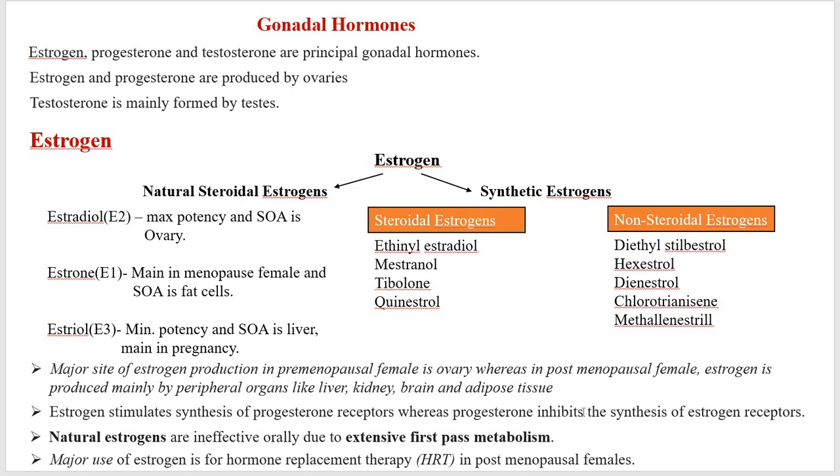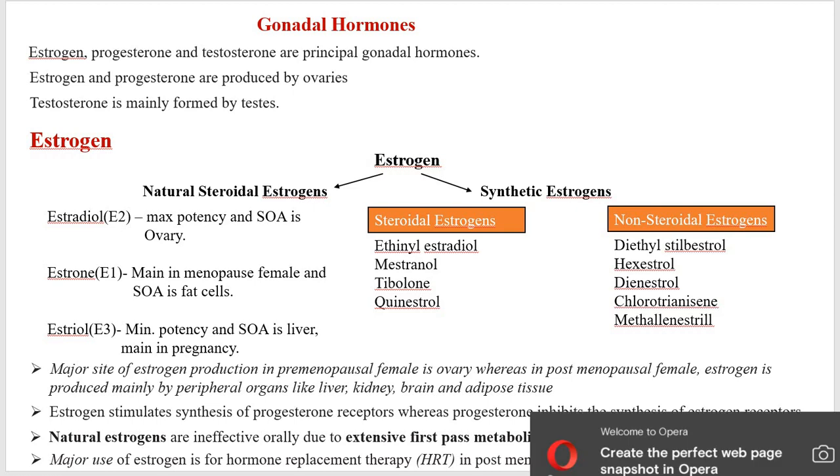Sir told us to take the class up to 1 or 1:10, so I think sir will take the class in the afternoon session. So we'll discuss the estrogen hormone, and the other two hormones I will prepare and keep in the slide only. So you read from that. I will collect all the important points regarding the uterine stimulants and keep them here.